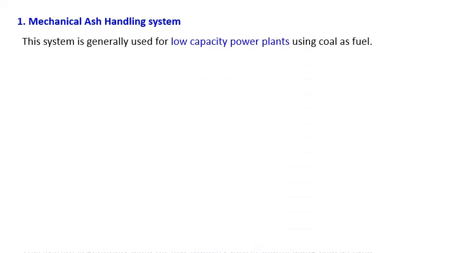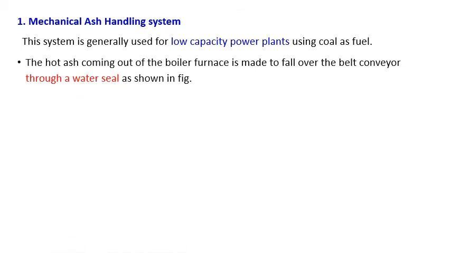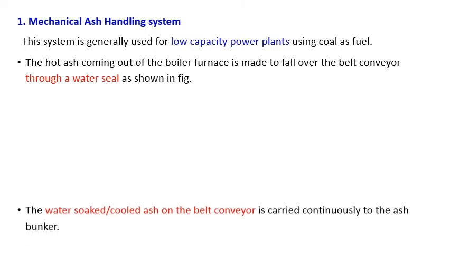This system is generally used for low capacity power plants, and here I want a water seal, because I don't want to make it 100% water. The ash has to be handled with care so that its temperature is reduced, but it should not be moist.